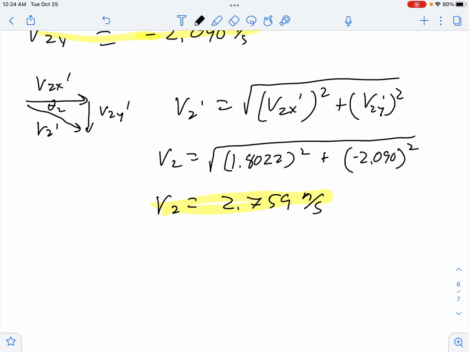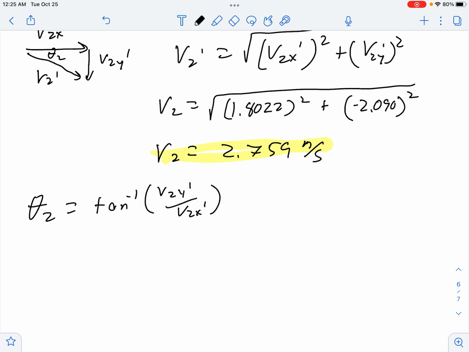And then for the direction, use an inverse trig function. Now, technically, we're going to find the energy loss, so we wouldn't actually have to solve for the direction, but we've come this far, so we might as well look at it for comparison. So v2y prime over v2x prime. We've done so much math. Let's just do a little bit more.